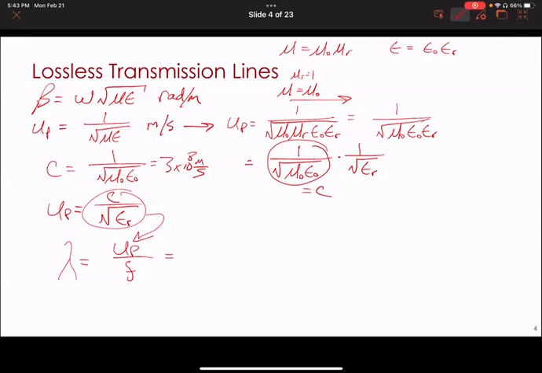Well, we'd get c. I can write it this way. Why did I write it that way? Because we could write it like that and say lambda naught is the free space wavelength.